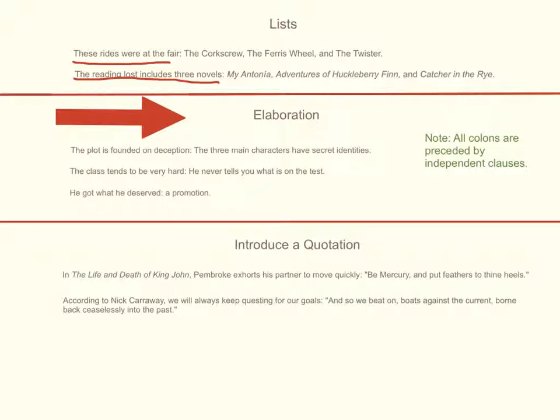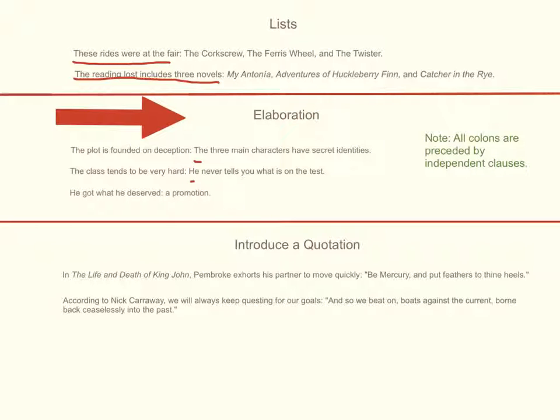The other thing that you want to note is that if you have an independent clause following a colon, it is up to you if you'd like to use a capital letter following the colon. It's up to you. I prefer it. I think it just looks fancier.